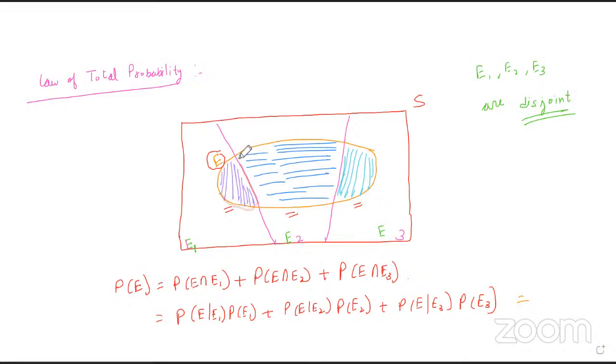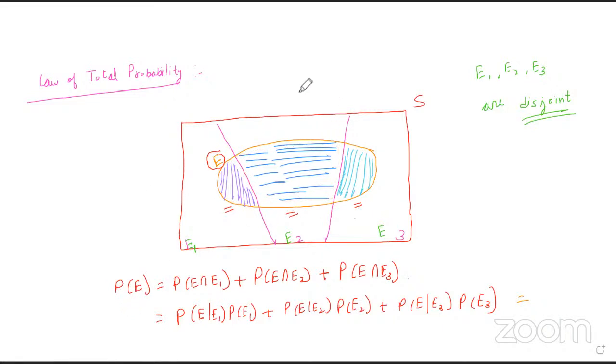I also have the probability of occurrence of E when E2 occurs, and of E when E3 occurs. So I can simply add them all to get the probability of E, right? That's what the law of total probability states. You can partition it, and if you have some information about this event within each part of the partition, you can compute its probability like this.